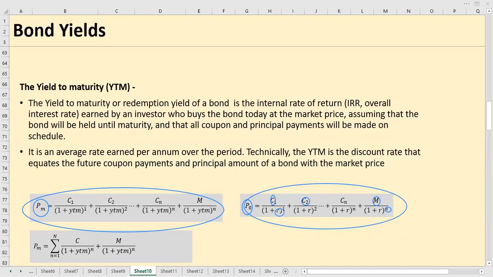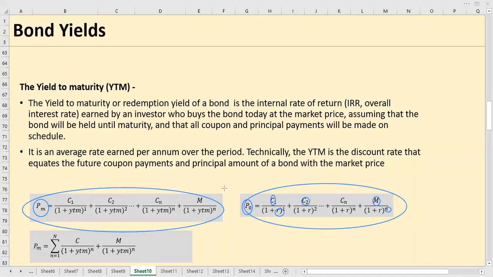Now what we did earlier was we estimated the R, based on the investor's assessment of the risk, and calculated the P0. Now when it comes to yield to maturity, we are not going to estimate any R. We think that the market value represents the exact value of the bond.